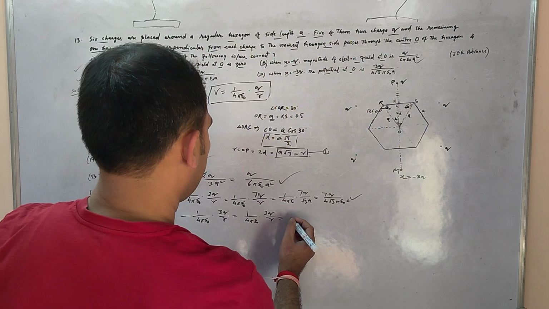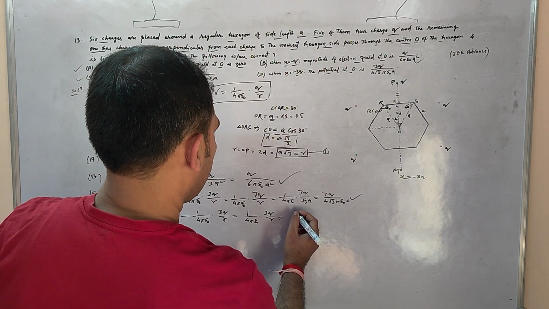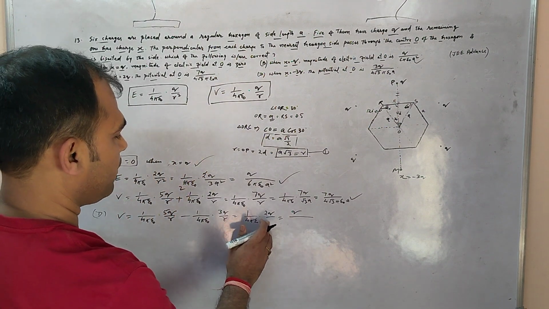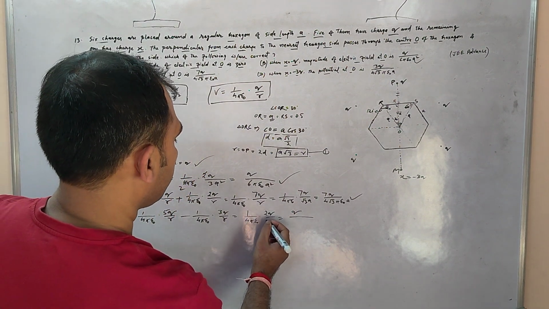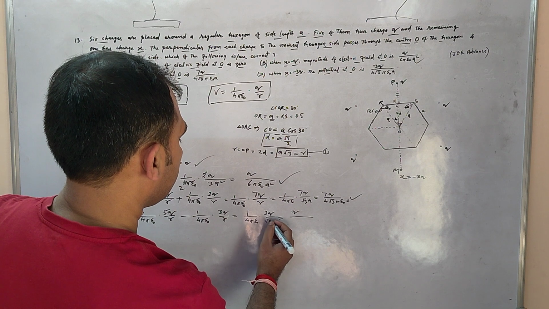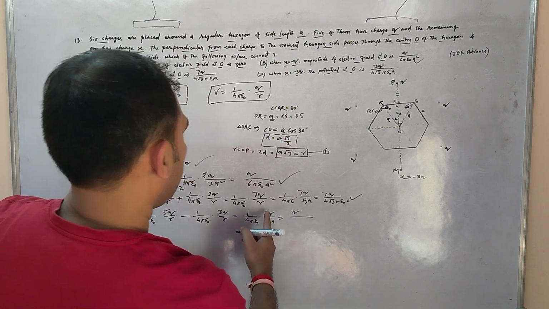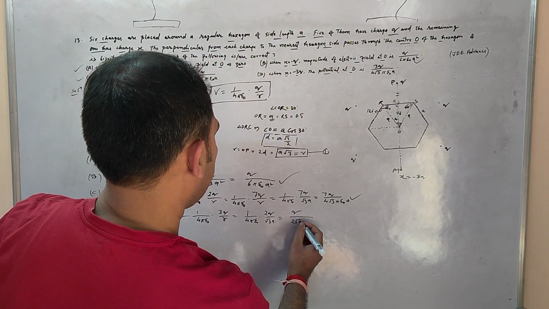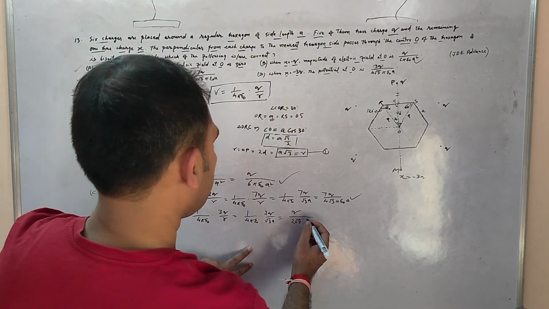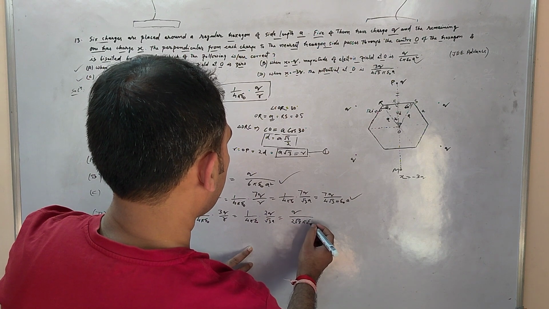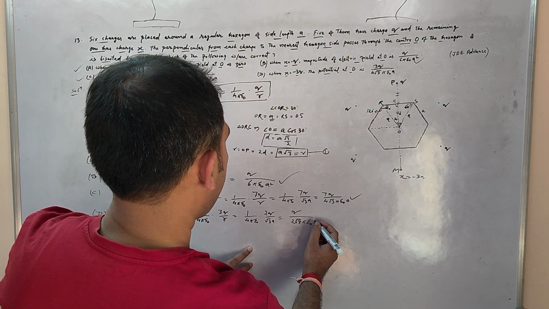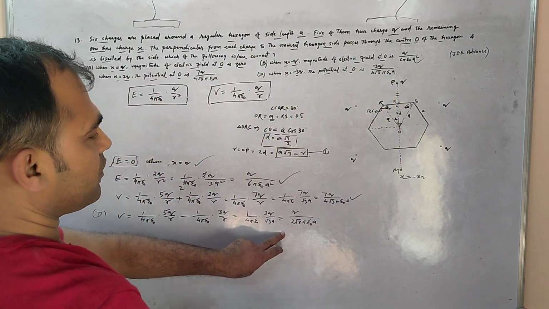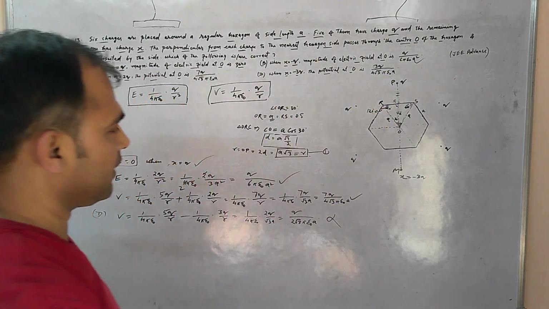So this will become q by the value of r, which is root 3 a, 2. So this will become 2 root 3 pi epsilon naught a. But here it is given 3 by 4 root 3. So only statement D is incorrect.